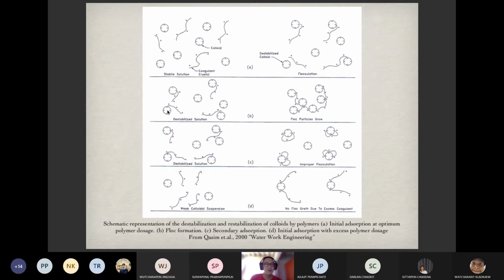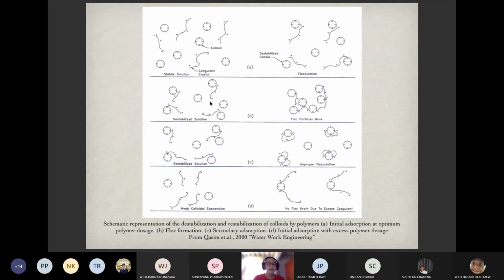We need high speed mixing. The rotational speed must be very high to bring the coagulants to each individual particle. So coagulation basically needs high mixing speed.